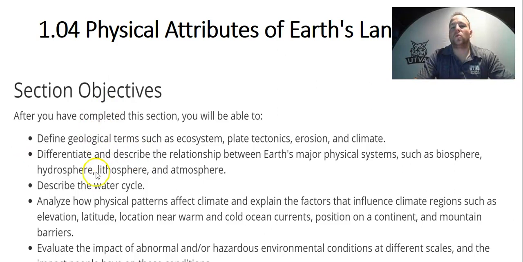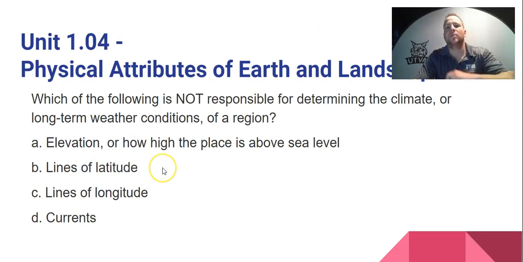Okay, in 1.04, we have geological terms and ecosystems. From tectonic plates, erosion, we'll be talking about the water cycle and all of those different things. So let's start out with a poll question real quick.